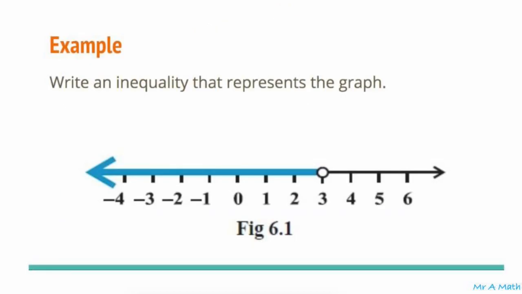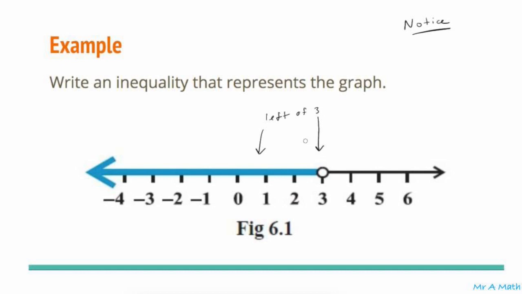Now let's write an inequality that represents this graph. There are a couple things that I notice. I notice that the shaded portion of the graph, or this number line, is to the left of the number 3.